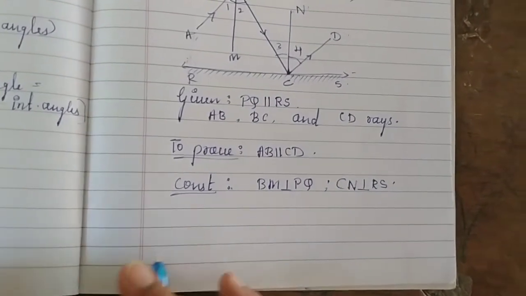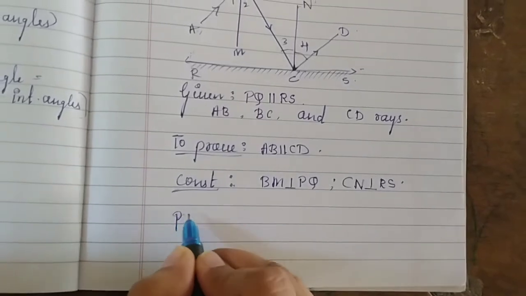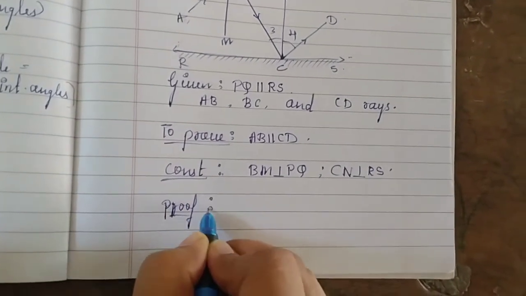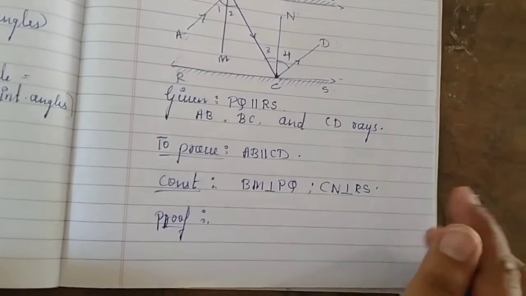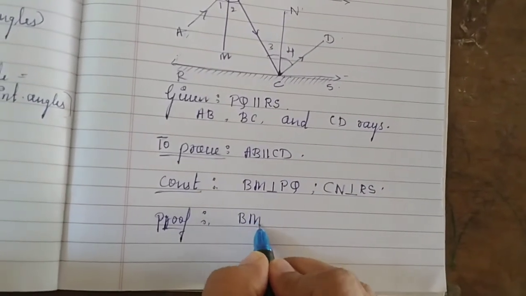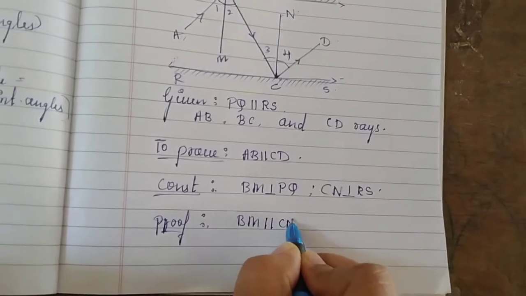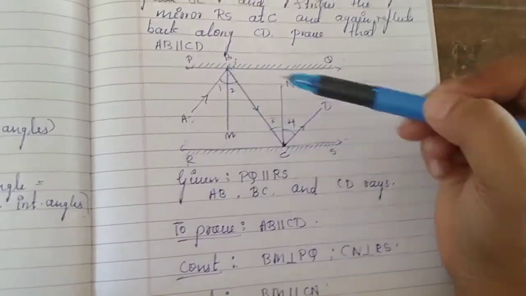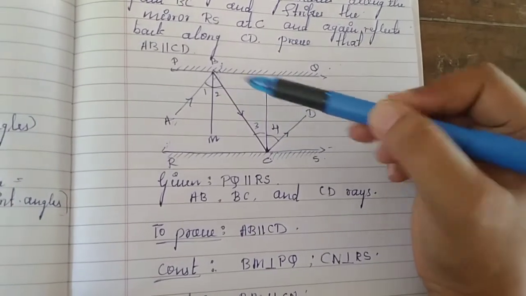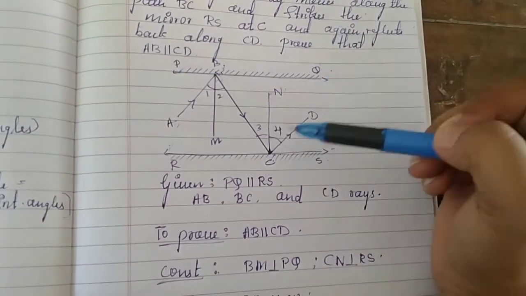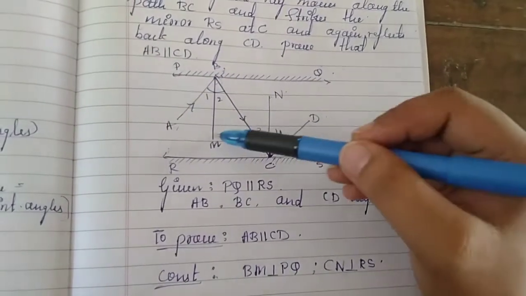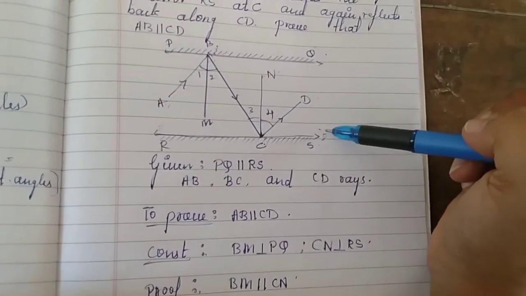Okay, so now let us see the proof. Proof. Okay, so the first thing is BM is parallel to CN. Here we have drawn two perpendiculars, that is BM and CN, right? So BM is perpendicular to PQ and CN is perpendicular to RS. So we know that PQ and RS are parallel lines, right?